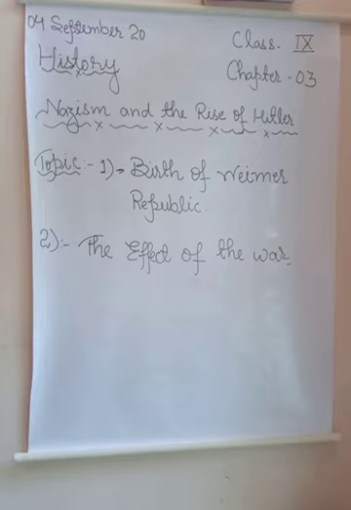So the defeat of Imperial Germany and the abdication of the emperor gave an opportunity to parliamentary parties to recast German polity. That's why a National Assembly met at Weimar and established a democratic constitution with a federal structure.